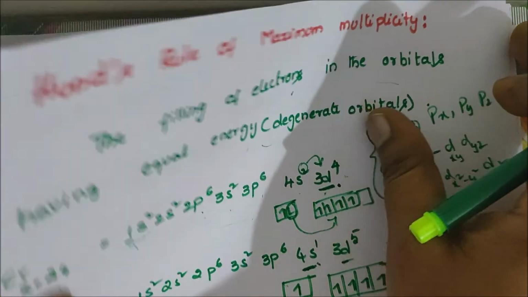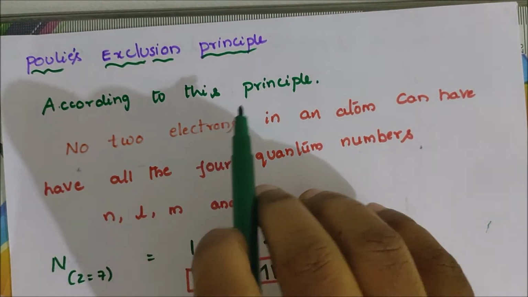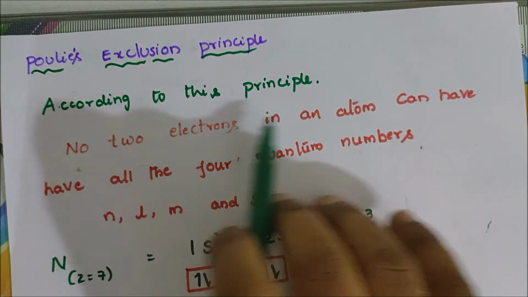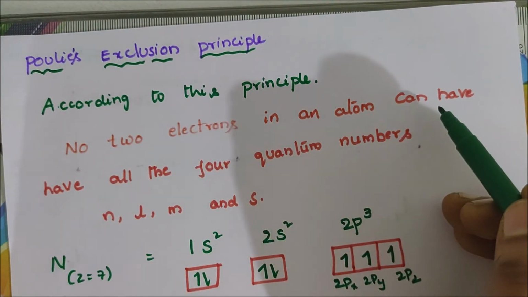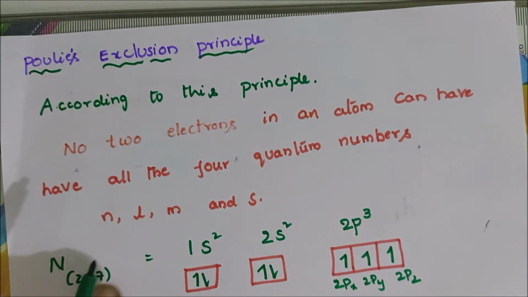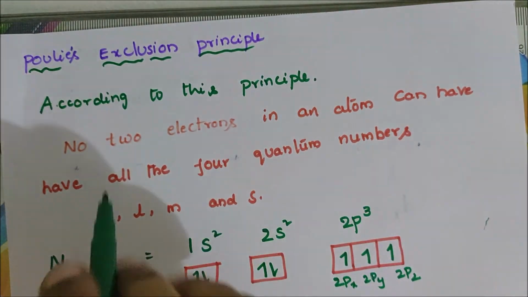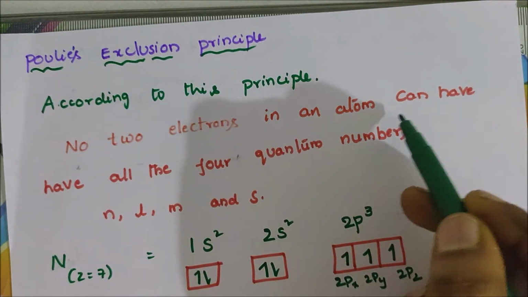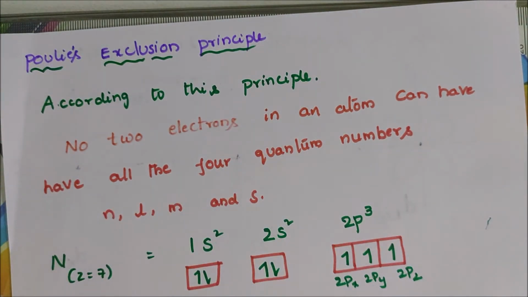And the next one is Pauli's exclusion principle. According to this principle, no two electrons in an atom can have the same set of 4 quantum numbers.